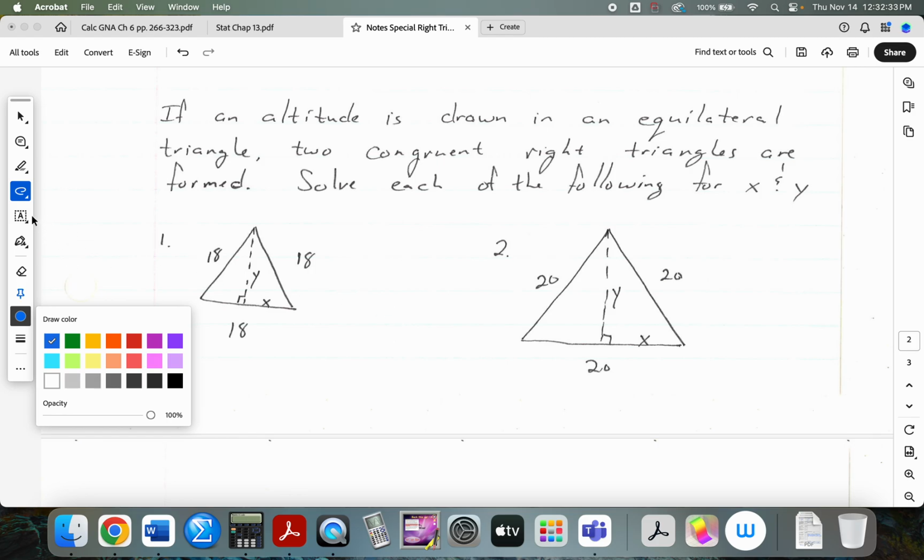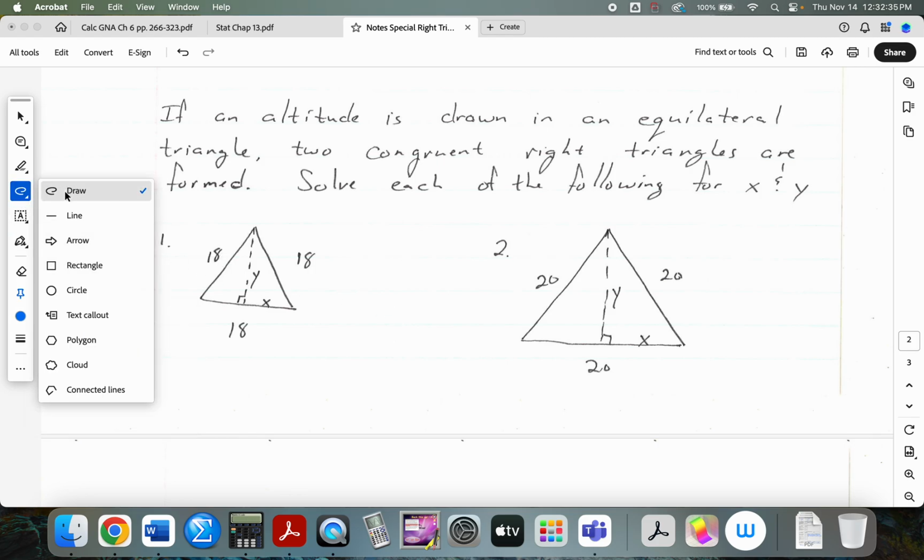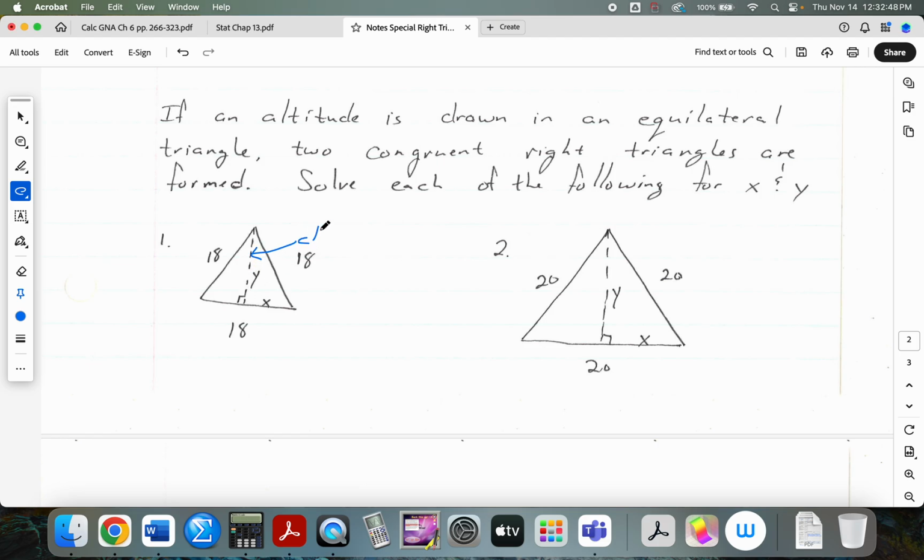All right, so here we have an equilateral triangle, and we've done what's called dropping in an altitude. This segment right here that's perpendicular to the base is called an altitude. The length of the altitude is called the height, right?